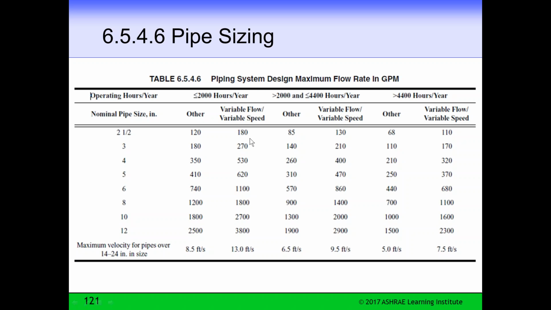But anyway, since a variable speed pump would not operate at full flow most of the time, we gave a more flow allowance through the variable speed, and then based on your pipe size, this tells you the maximum GPM that can flow through. Now, it is not that aggressive.